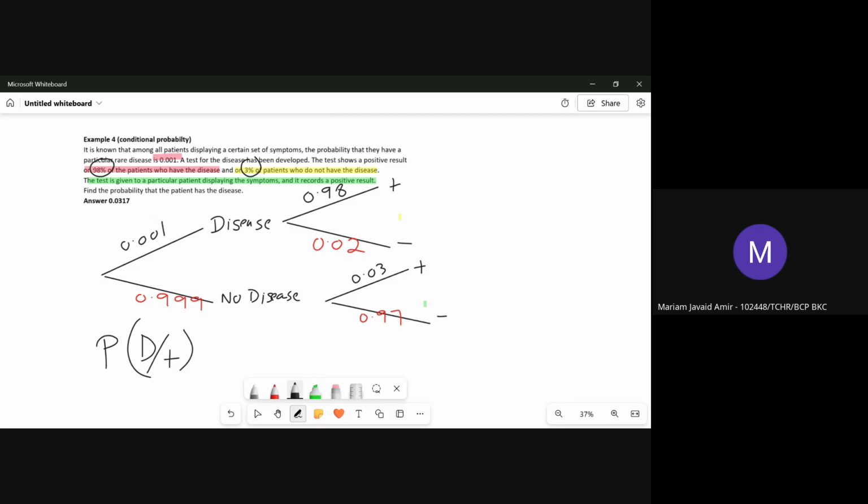This is a question on conditional probability and you have to find probability of disease given positive result. Which means we'll do probability of disease and positive divided by probability of a positive result.